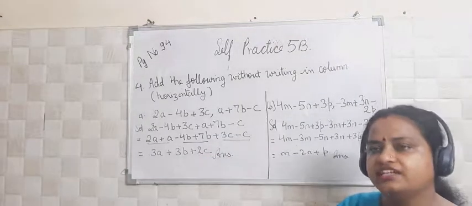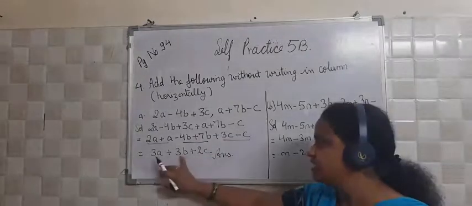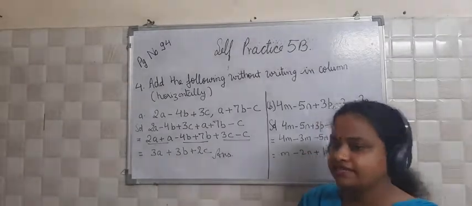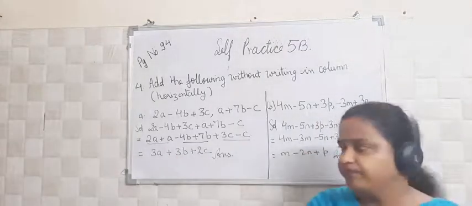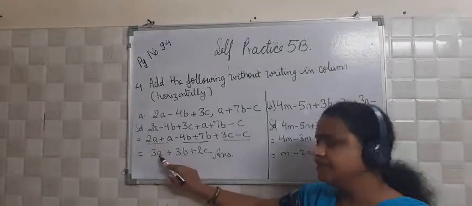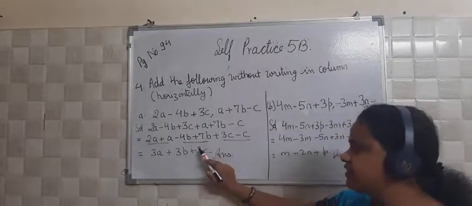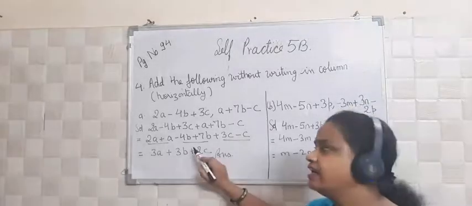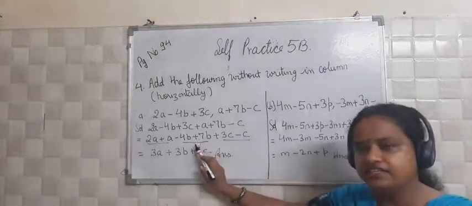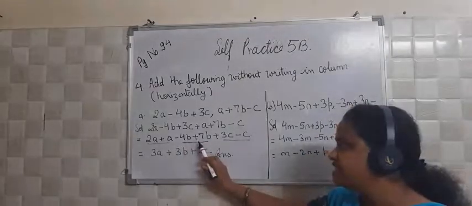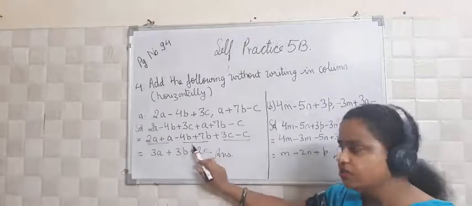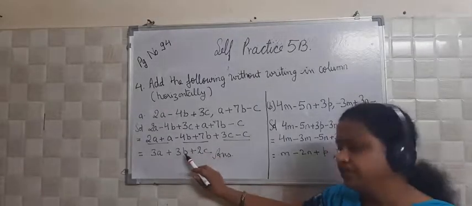I told you that there will not be any change in the place of a, b and c. That will remain the same. So 2a plus a, that is 3a, and minus 4b plus 7b. So b will remain like this, and minus 4 plus 7. So the sign with 7 is greater, plus, so it will become plus 3b.